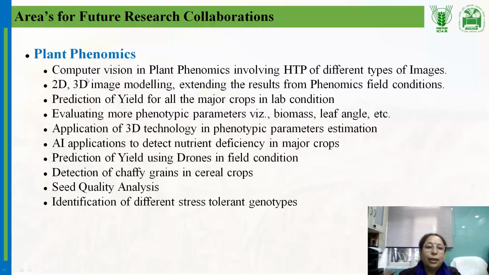At the same time, 2D and 3D image modeling, extending the results from the phenomics lab to the field condition, prediction of yield for all the major crops in the lab condition, and evaluating more phenotypic parameters, for example biomass and leaf angle, because they can add into different parameter estimation, or maybe contribute towards yield estimation or overall plant growth aspects.